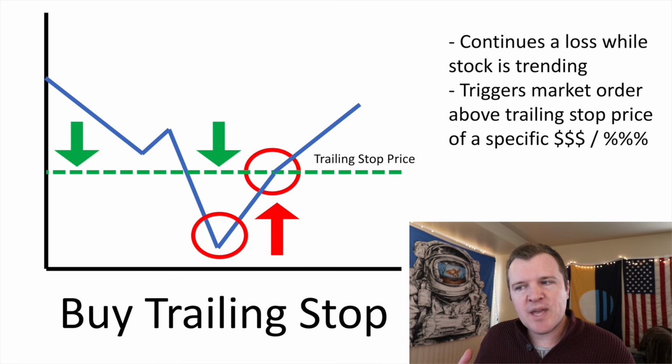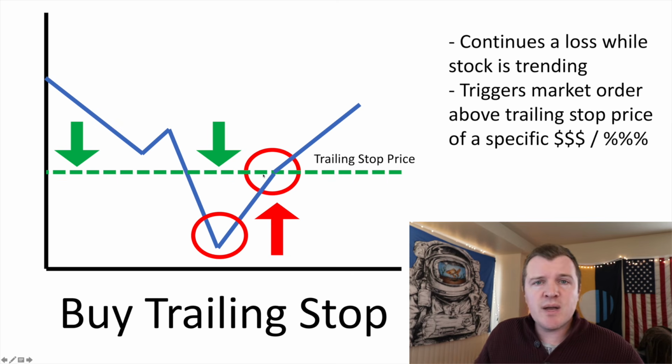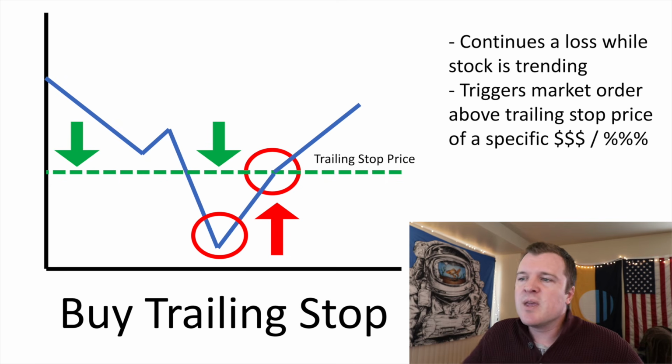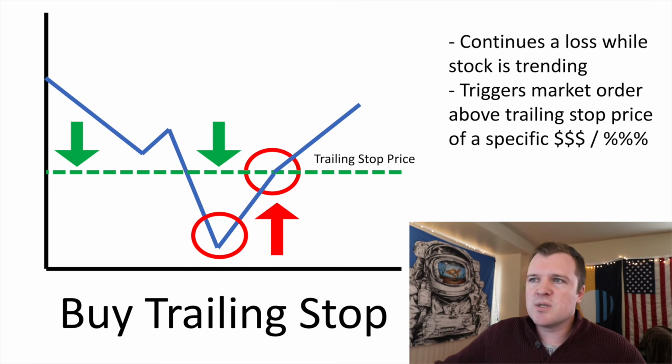The last order type we have is a buy trailing stop, and this is when a stock is trending down and you want to buy into it once it turns, once it starts going up again. So let's say we have stock XYZ that is trending down. Once it hits a local low and then starts going back up by a certain dollar amount or percentage amount, you set that, it then triggers a market order to start buying.